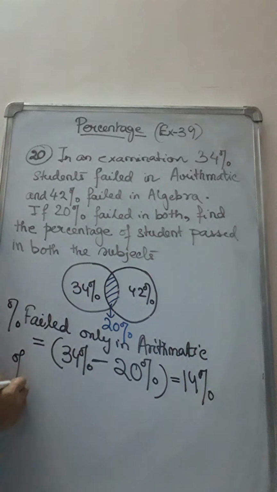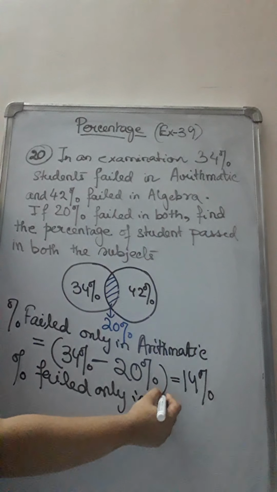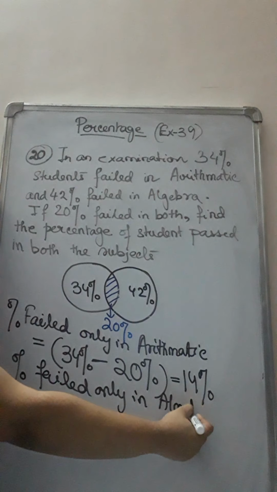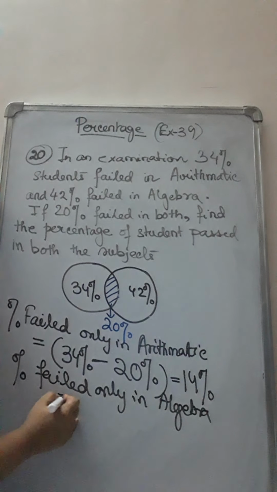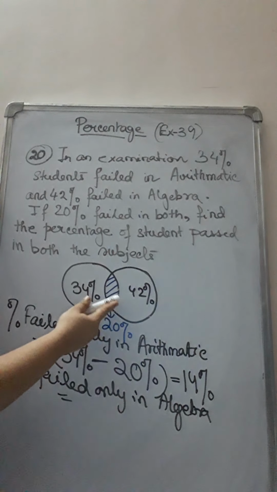Similarly, if I want to find percentage failed only in algebra, now total percentage failed in algebra is 42. Now it includes those who have failed only in algebra as well as those who have failed in both arith and algebra, because they have failed in algebra too.